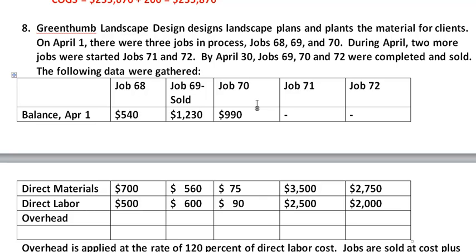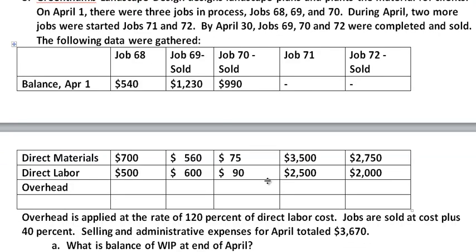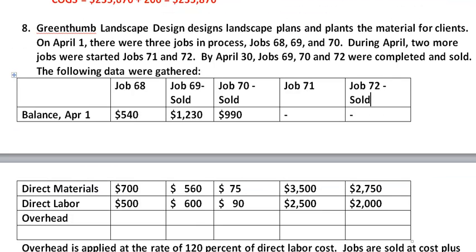So 69 was sold, 70 sold, and 72 is also sold. If it doesn't tell you anything about a job, then we assume we're still working on it.